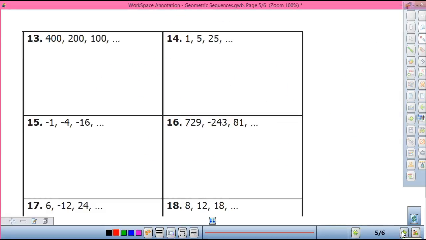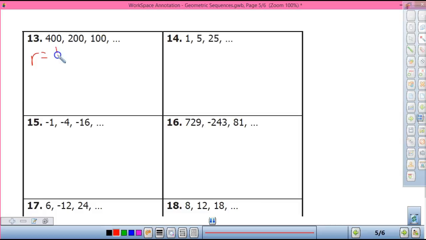Everybody do number 13. What's my ratio?